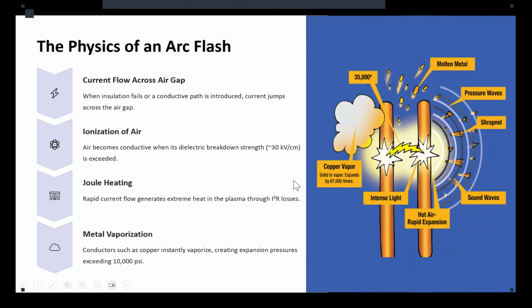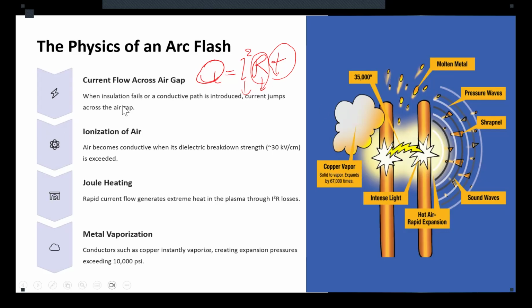That specific equation is Q equals I squared times R times t. Here I is the arc current, R is the resistance of the plasma, and t is the time duration of the arc existing in our equipment.